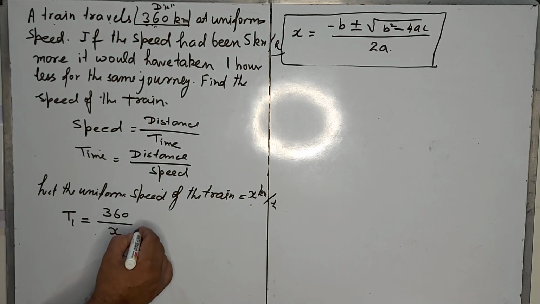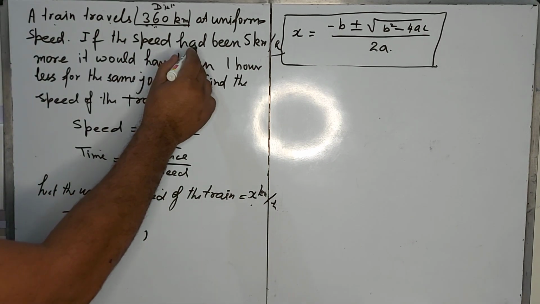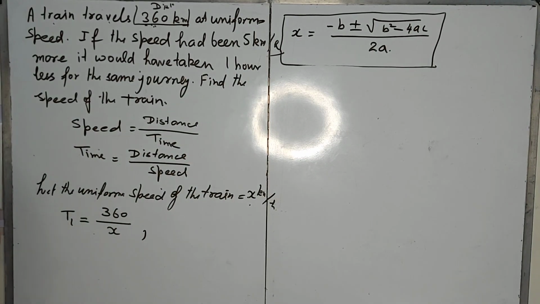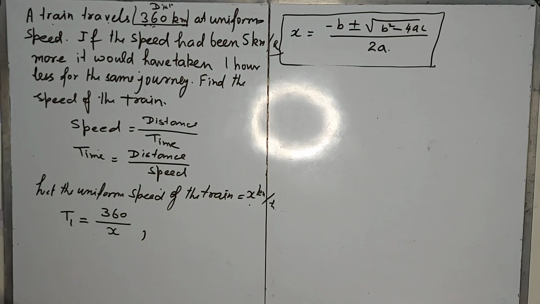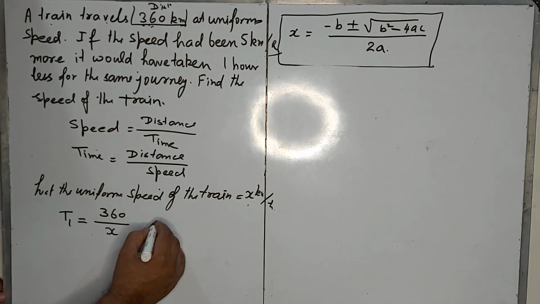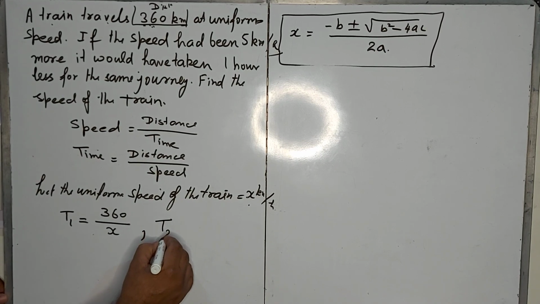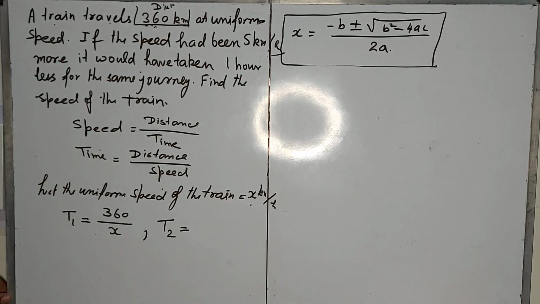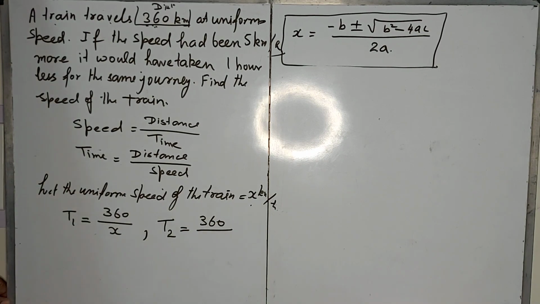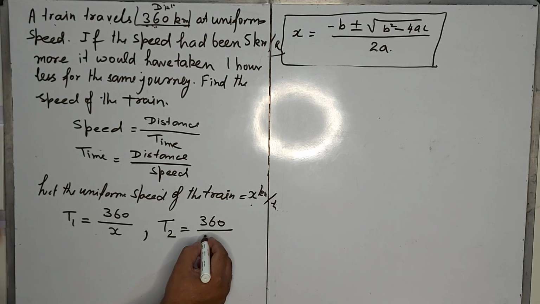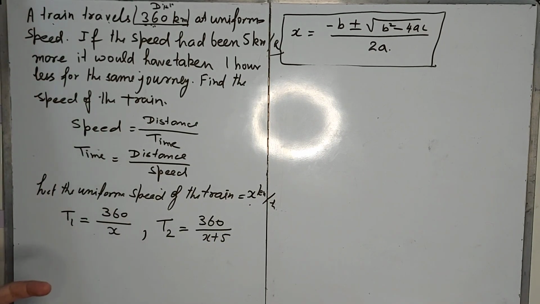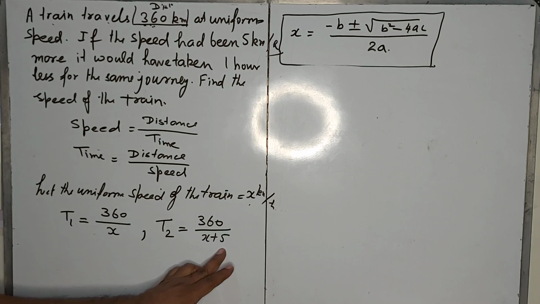Now in the second statement, if the speed had been 5 kilometer per hour more, that means speed is increased. In place of x, it will be x plus 5. Therefore, in the second statement, the time taken by the train is: the distance is the same, 360 kilometer, and speed is increased by 5, so it will become x plus 5.